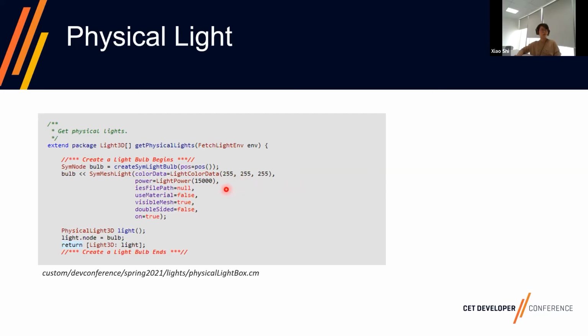You have this IES file path that you can pass in, some file called IES, which I will show you a bit later as well. This IES file is a way to control how your light is attenuated and how your light affects what the shadow looks like, things like that.